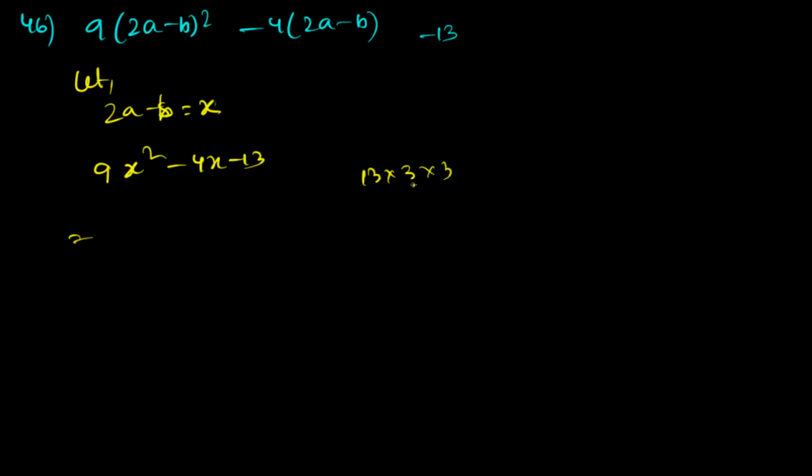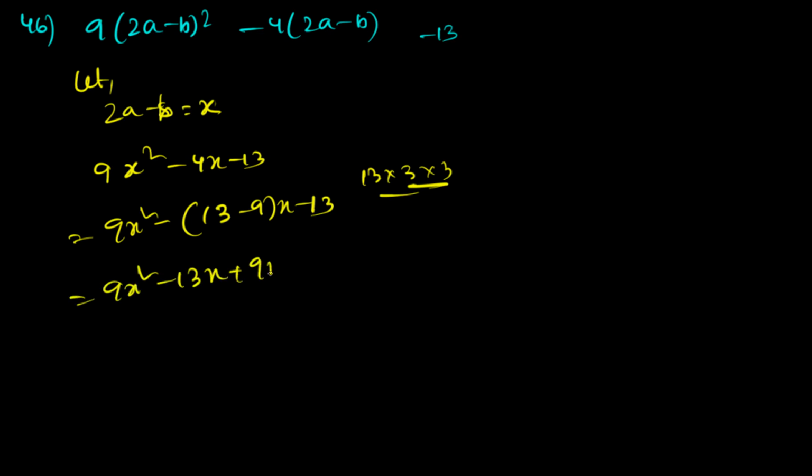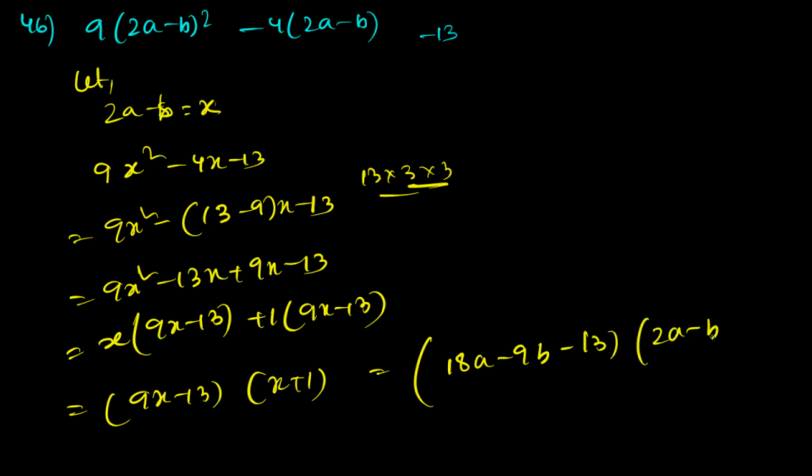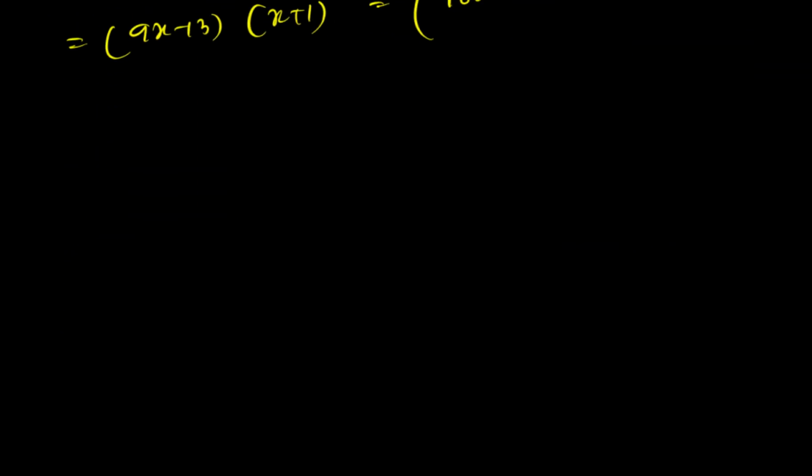So 9x square minus 13x plus 9x minus 13. I can take x common, it's 9x minus 13. I can take 1 common, it's 9x minus 13. So it's nothing but 9x minus 13 and x plus 1. And I just need to put the value of x, which will be 18a minus 9b minus 13, and 2a minus b plus 1. That's the question number 46.